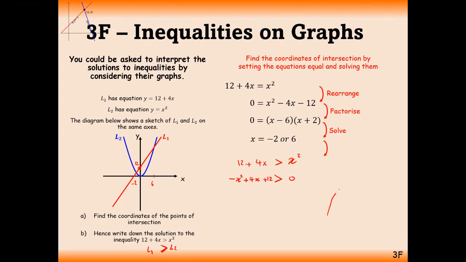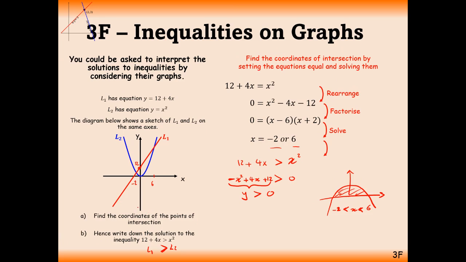Because it's a sad face, we're looking for this section. Any x value between minus 2 and 6 will take us above the x-axis, where y is above zero. So x will be less than 6 and bigger than minus 2.